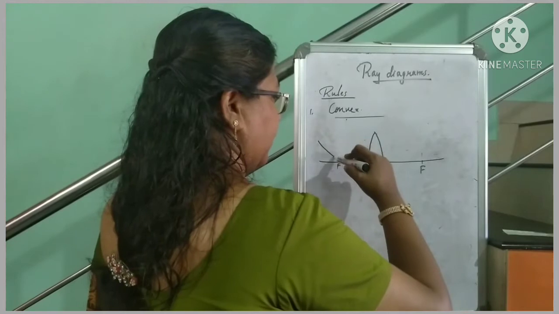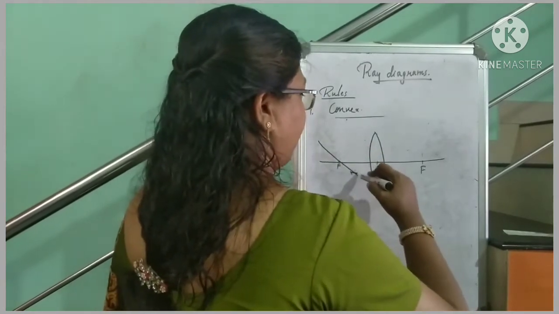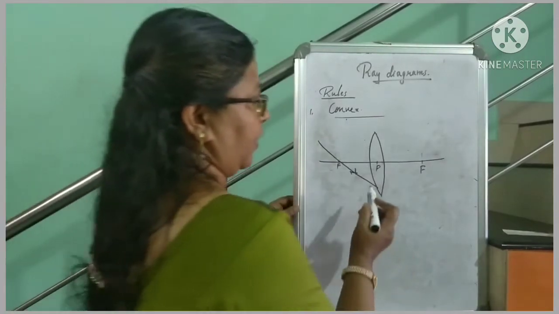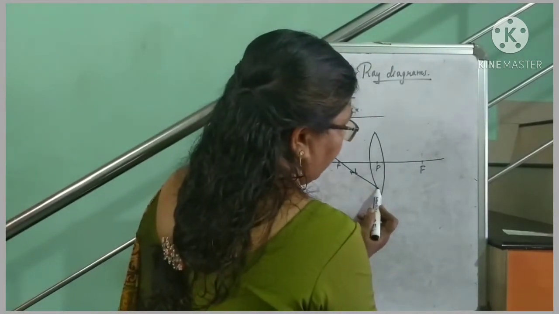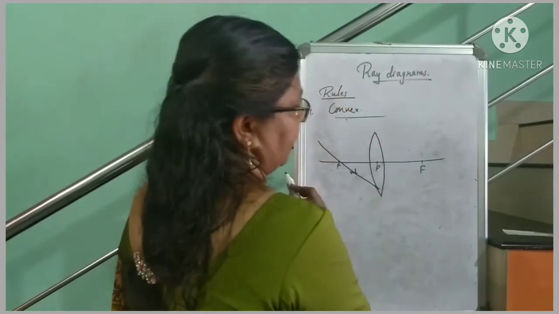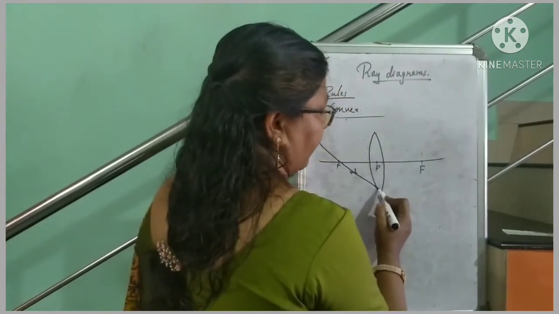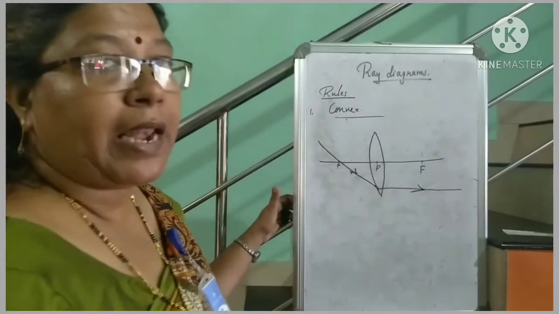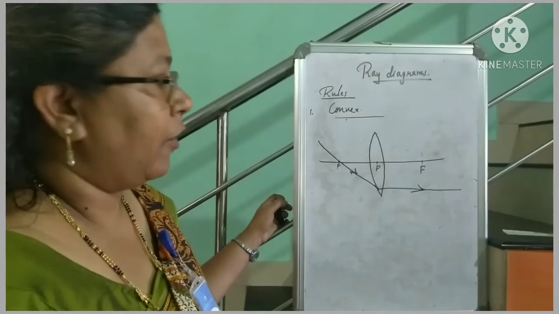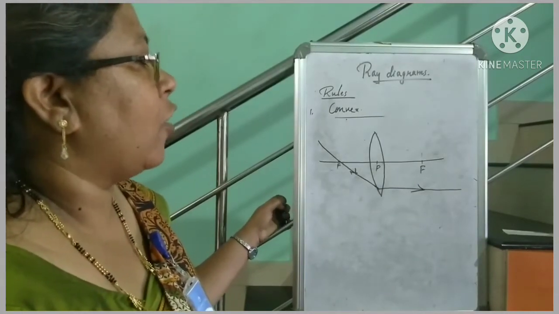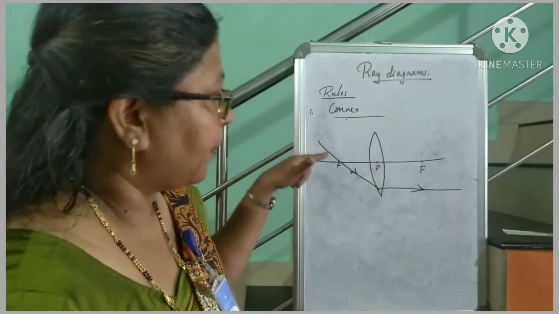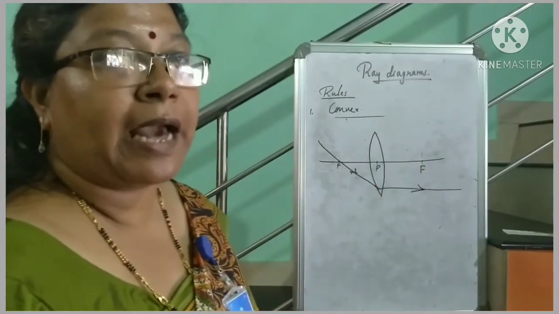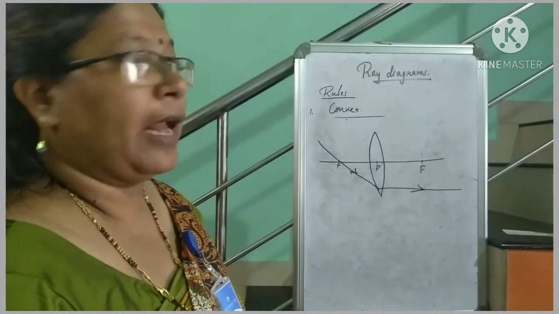A ray of light falling on a convex lens through the principal focus, after refraction passes parallel to the principal axis.